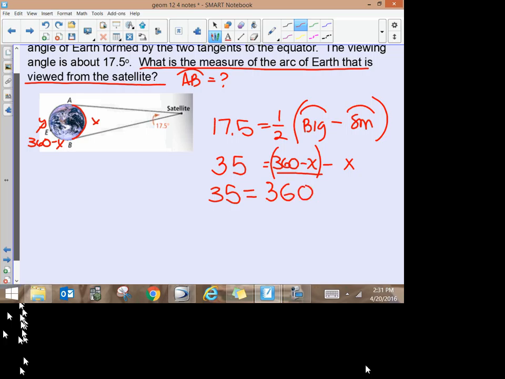What's minus x minus x? Okay. Now we're going to subtract 360. What is 35 minus 360? Negative how much? 325. And we have a negative 2x left here, and we're going to divide by negative 2.